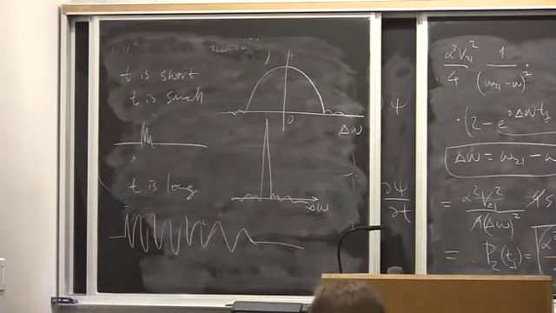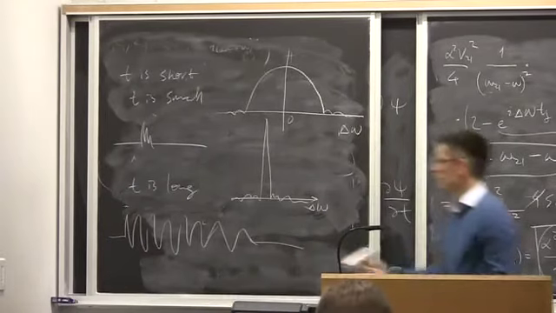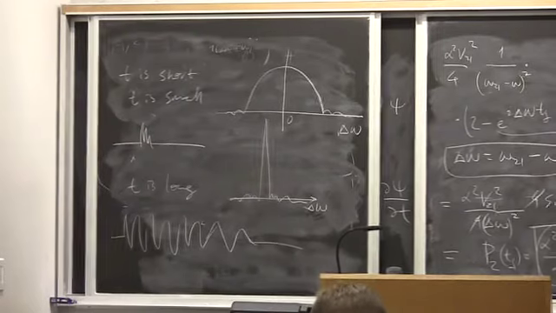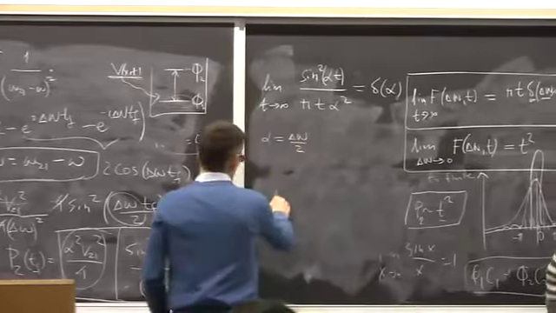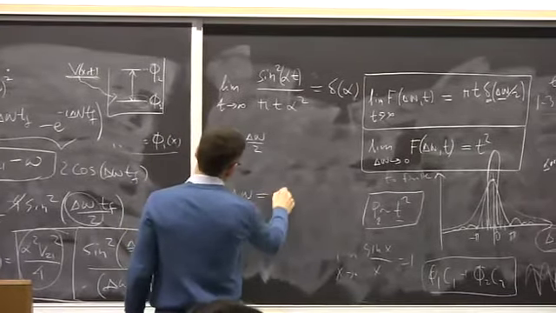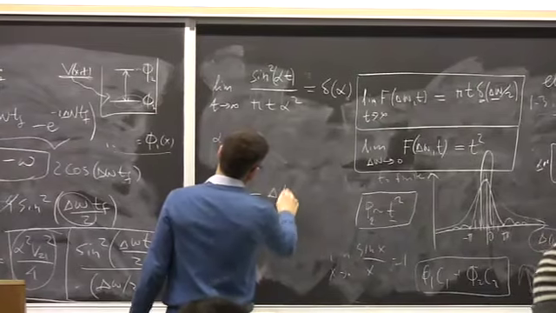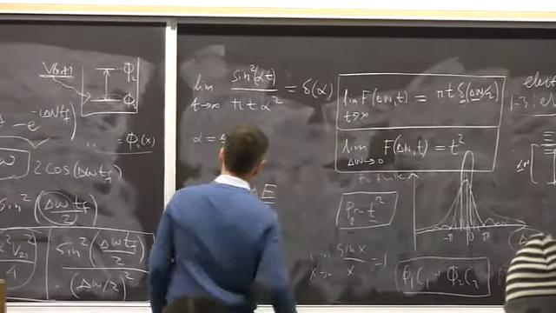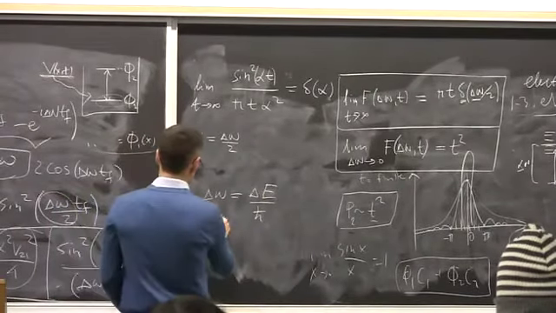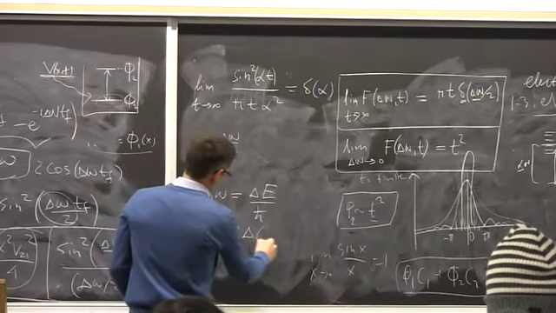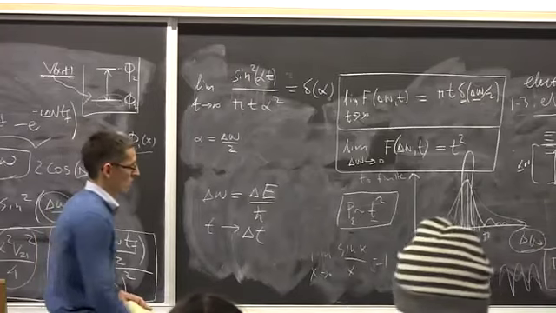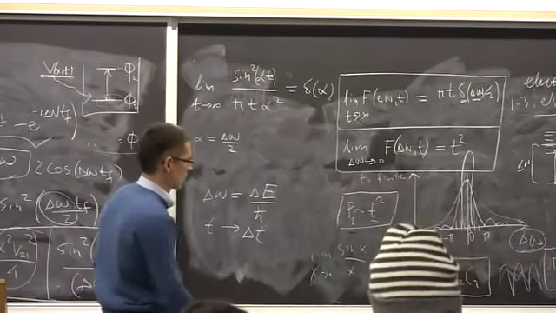And that brings us to the so-called time-energy uncertainty principle, which states that the delta energy, so to go from delta frequency to delta energy, we would need to divide by h bar, right? And so t would be in conventional notation delta t, the duration of the pulse or duration of the perturbation of the system.